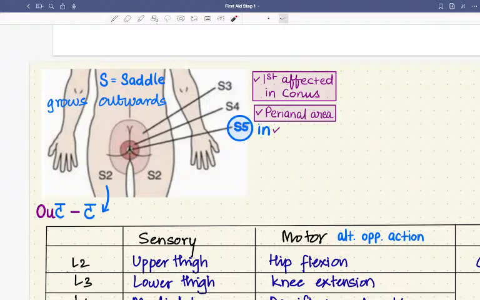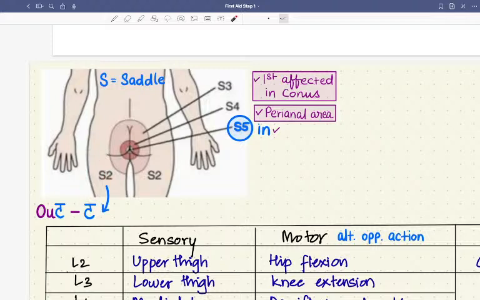So out 2, you have to remember this, and we can say it increases inwards. Don't remember this, this is a stupid mnemonic. Just remember the fact that it goes inwards. Out, we have the t sound, so it's 2, S2.